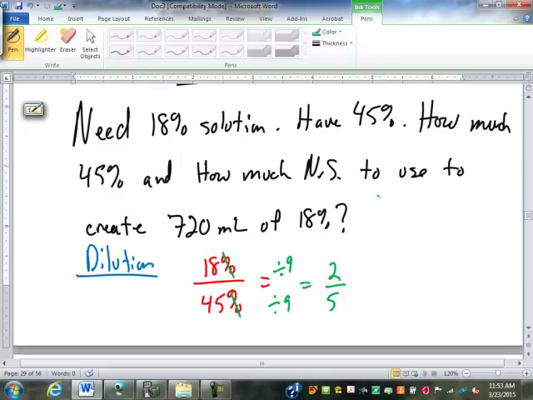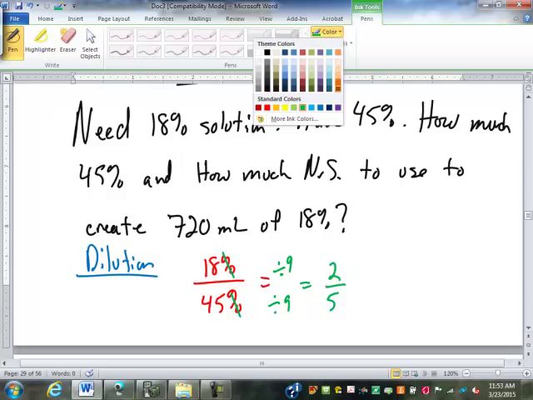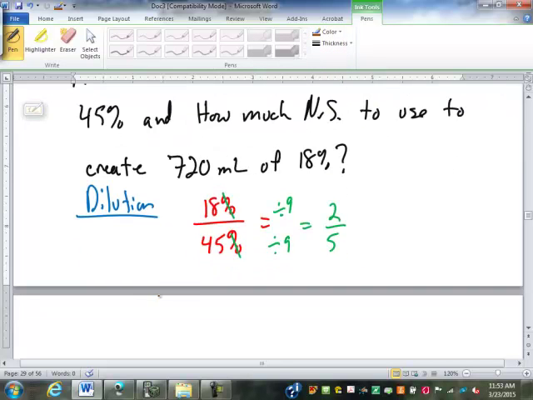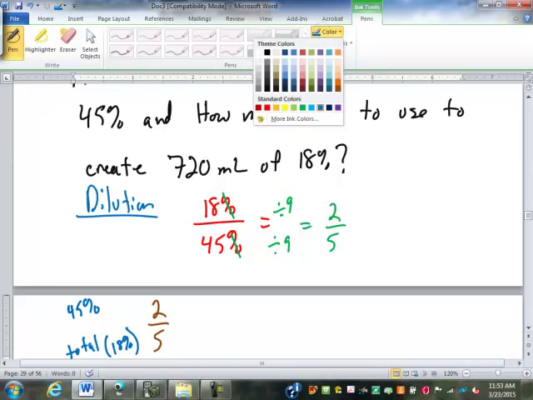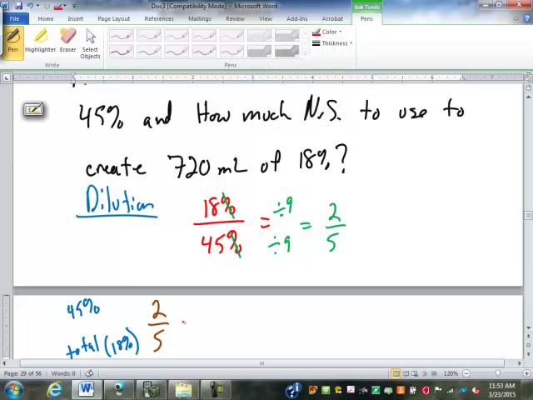So that 2 in 5 dilution, of course, the 2 is the amount of the concentrate, the 45%. The 5 is the total solution, which of course is going to be the 18%. But we do want to know how much of the 45% solution to use, and we have the total volume is going to be 720.